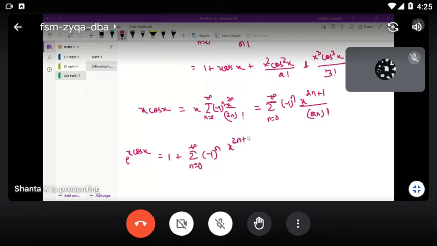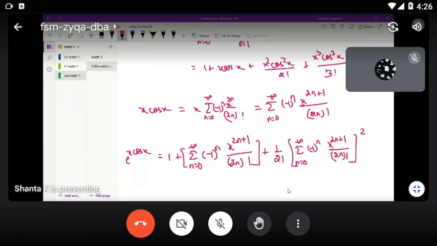Here we don't have the multiplication, we have only the addition. Then we have x square by 2 factorial, so 1 by 2 factorial. Here the square term is there, and there is one more.